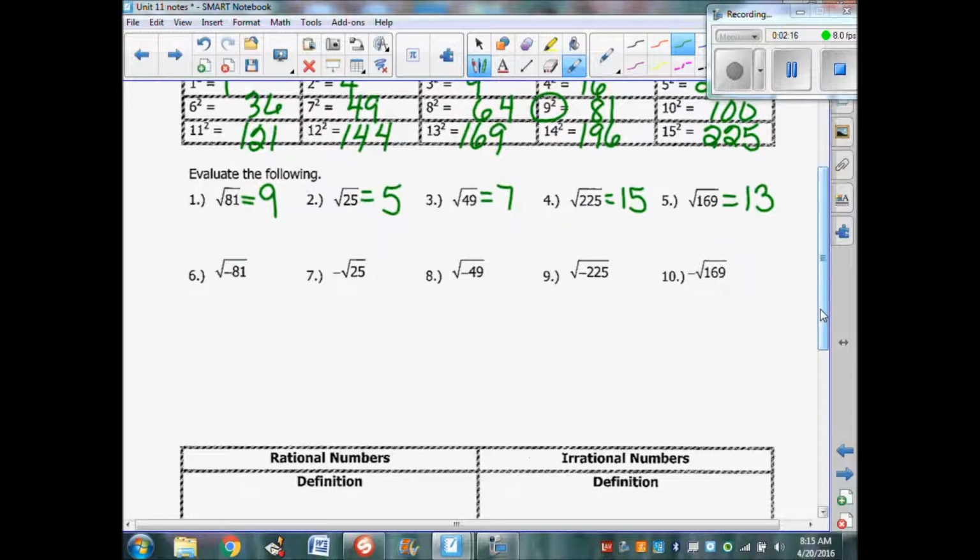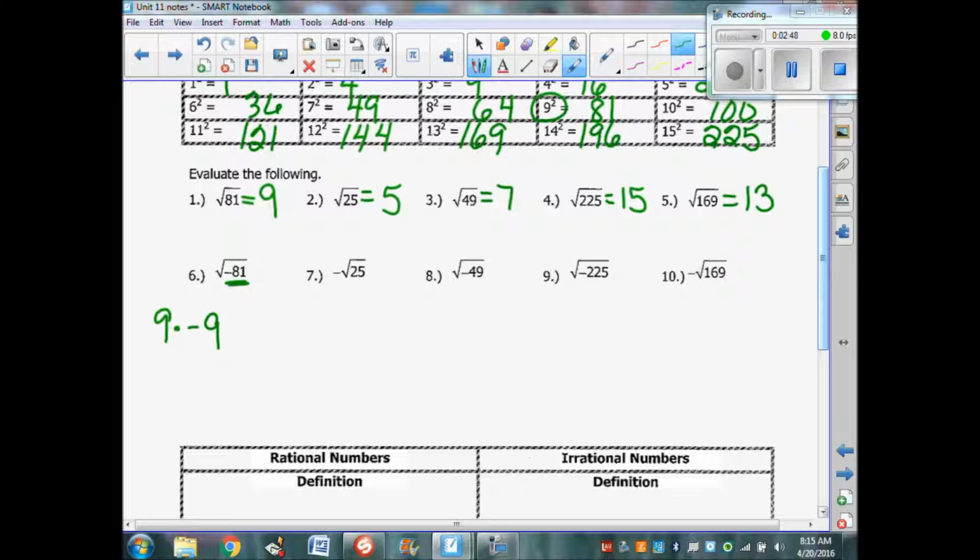But then all of a sudden we get to a number like what's in number 6, the square root of negative 81. Think about what I said. The square root is a number times itself. The exact same number times itself gives you what's underneath the radical. Can I come up with a number times itself that is going to give me a negative 81? You might think to yourself, 9 times negative 9.